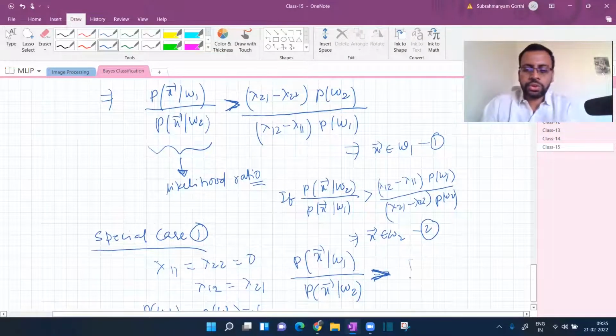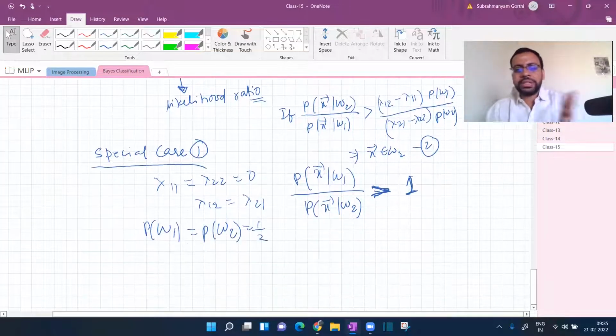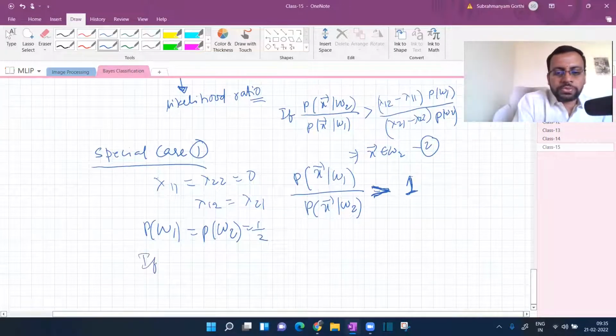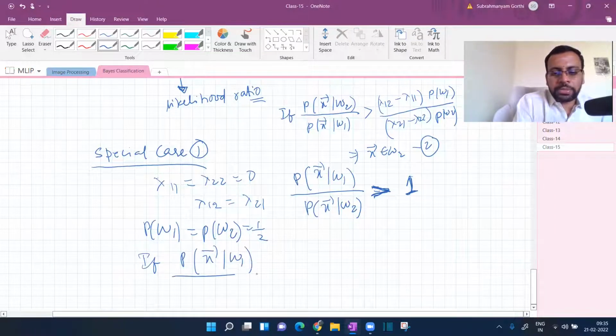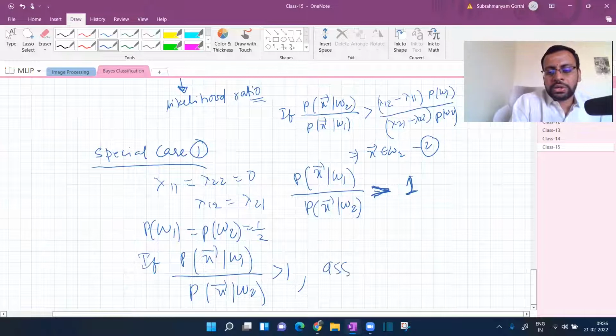Correct. So what is it boiling down to? Have you seen this? What is it saying? If P of X bar given omega 1 over P of X bar given omega 2 is greater than 1, assign X bar to omega 1.